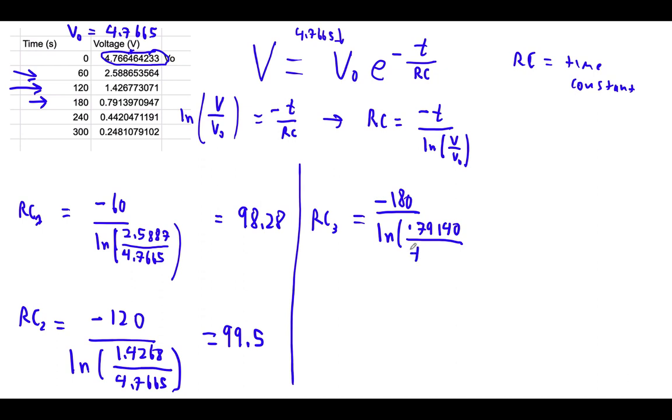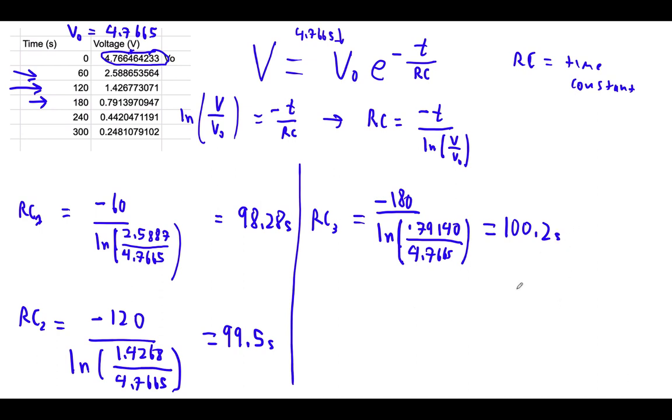And then this is 4.7665. So literally I'm just going up arrow on my calculator and changing this. 0.7914. All right. And then this is going to be 180. I get 100.2. Right, and these, by the way, have the units of seconds.